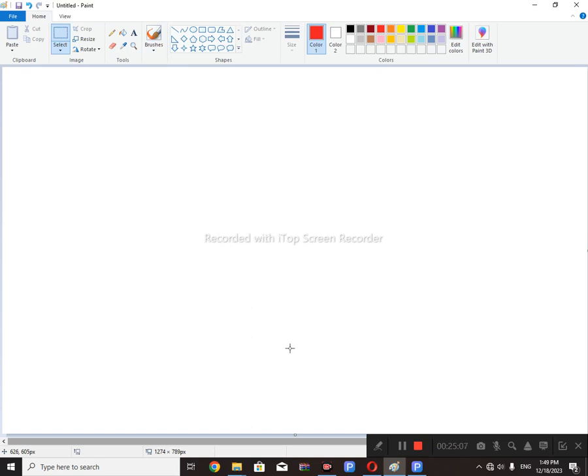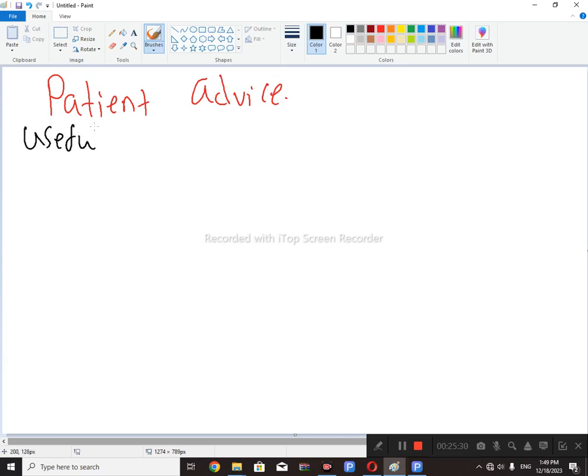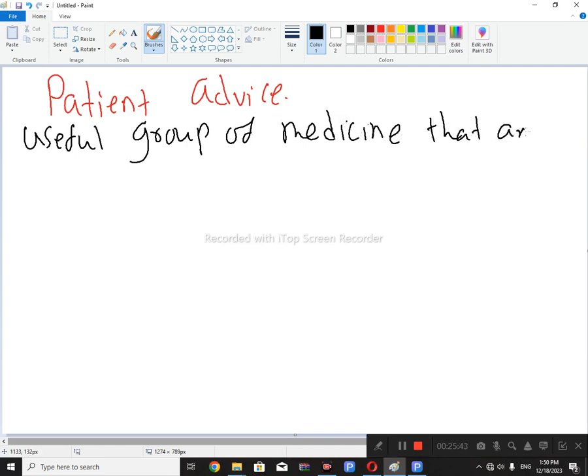Patient advice. Useful points: continue to take the medicines that are used to control asthma.